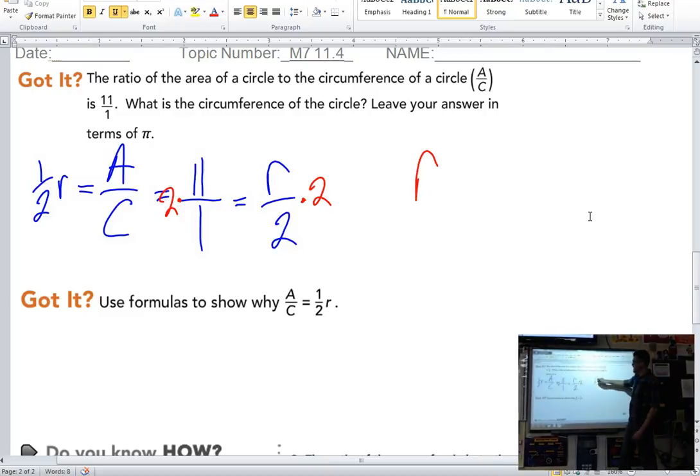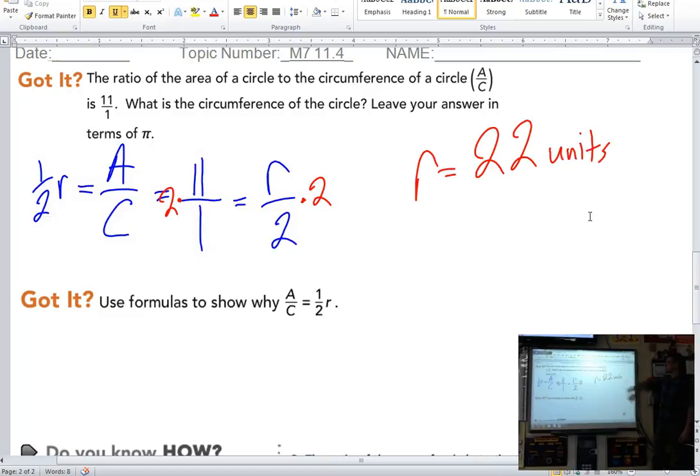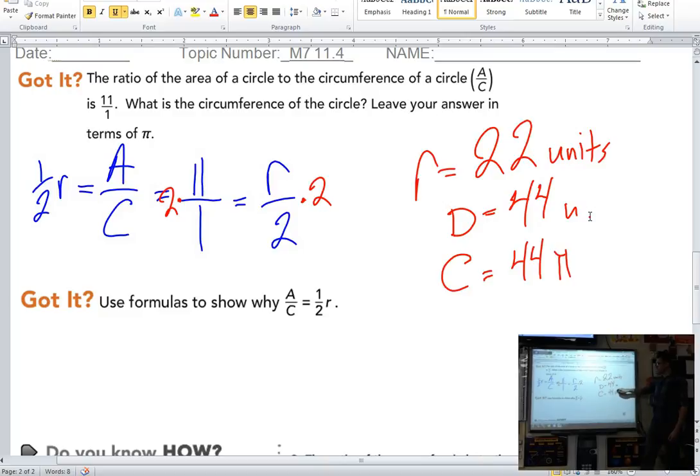So that then gives me that my radius is 22. We do not have units, so we would just label that as units. That then would also tell me that my diameter is twice that, or 44. That my circumference would then be 44 pi, and that my area would be 22 squared times pi.